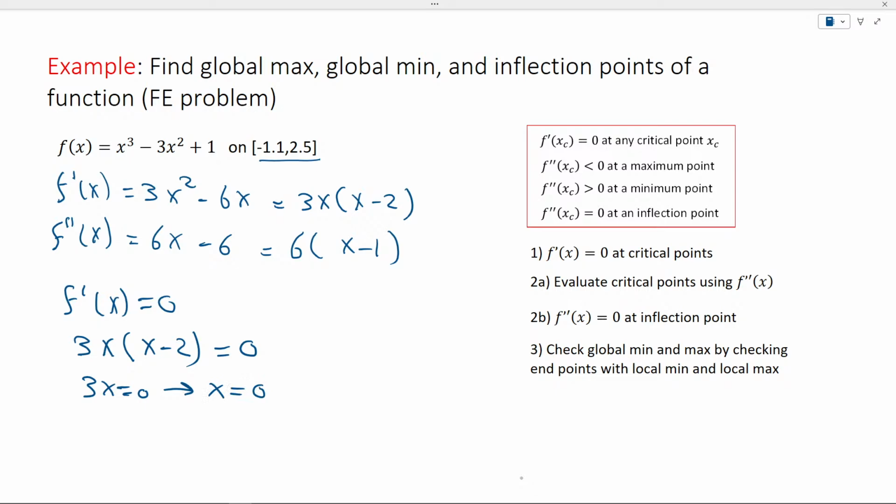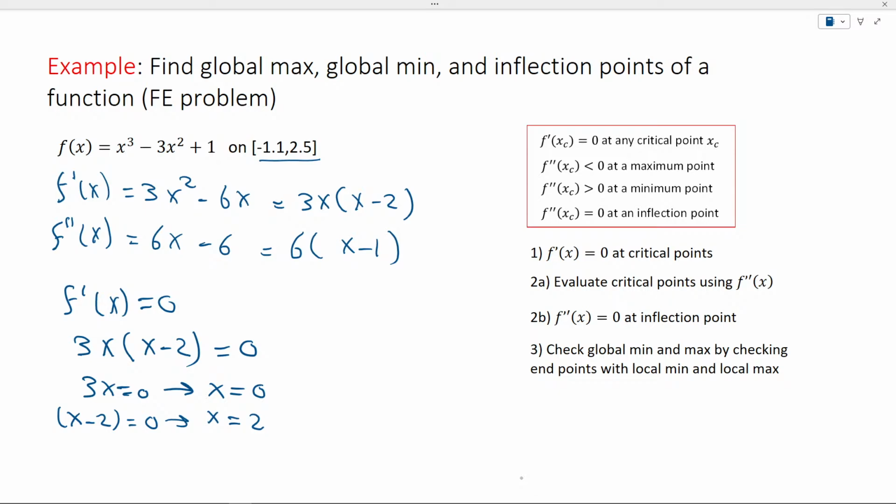And I have x minus 2. I'm finding the roots of the equation. Yes, that's what I'm doing. x minus 2 is equal to 0, and that will give me x is equal to 2. So now I have two critical points. But I don't know whether these are local min, local max, or inflection points. I mean, I can plot the function, but I don't want to plot the function.